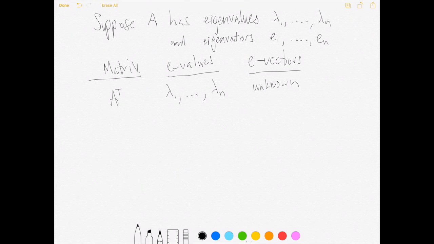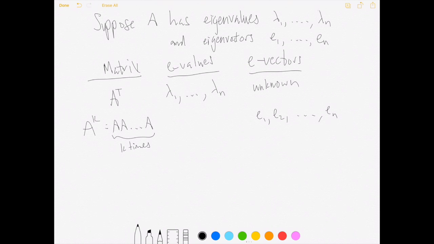How about if we raise A to the kth power? So we apply A to some vector k times, A to the k, which equals A times A times A, k times. Well, the eigenvectors remain the same as they are for A, so E1, E2 up to En. The eigenvalues, think of how the eigenvalues work.